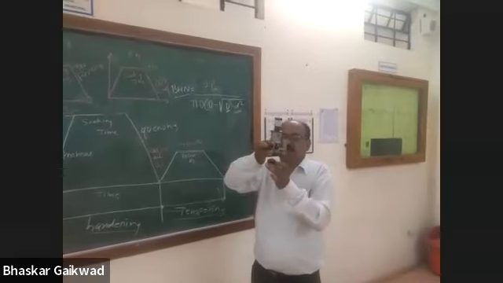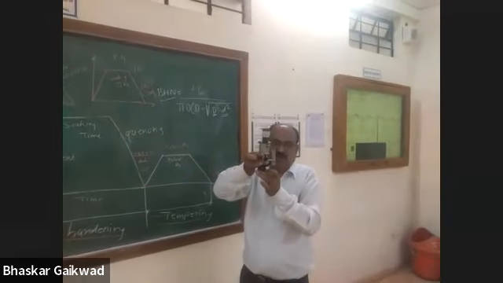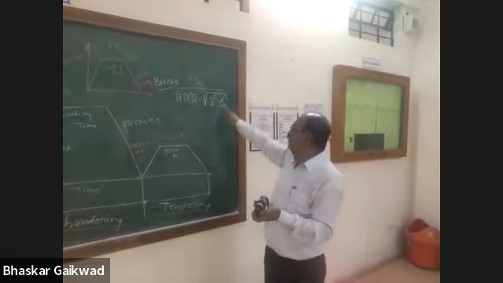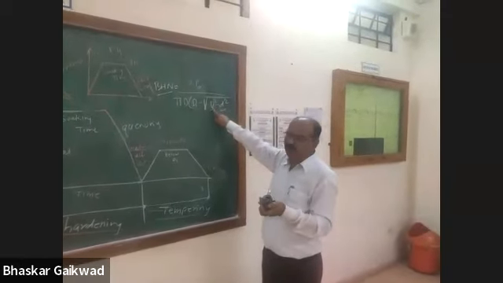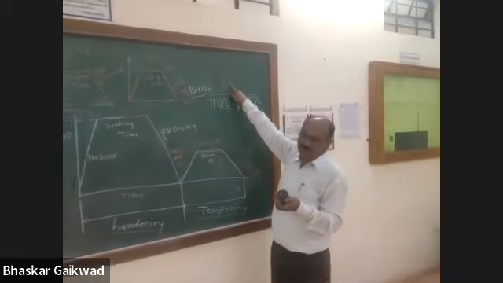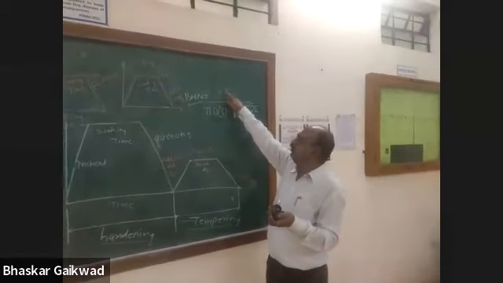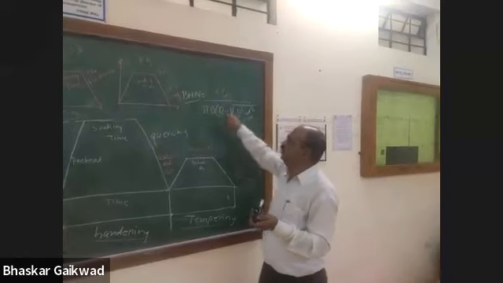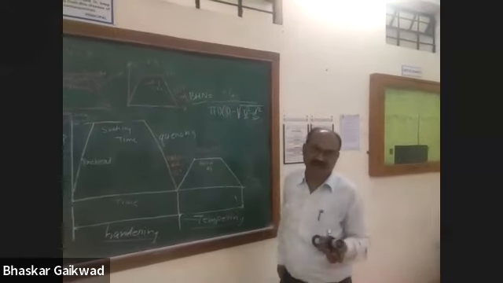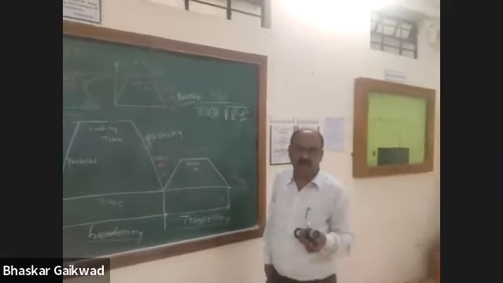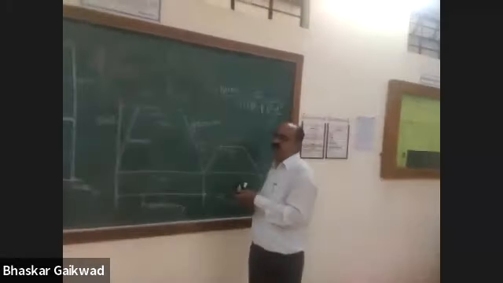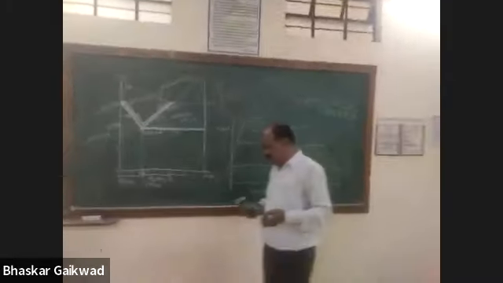That impression diameter you can measure with the microscope, and that diameter is your small d. Whatever load you have applied, you can put here. After calculation, you will get the Brinell hardness number. Correct? So this is the way to check the Brinell hardness number.